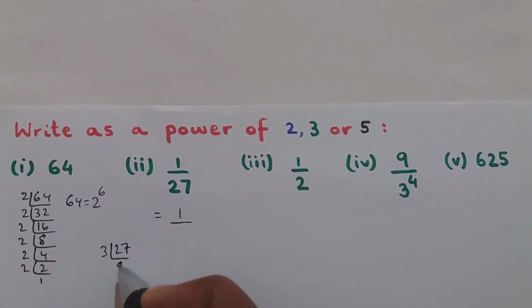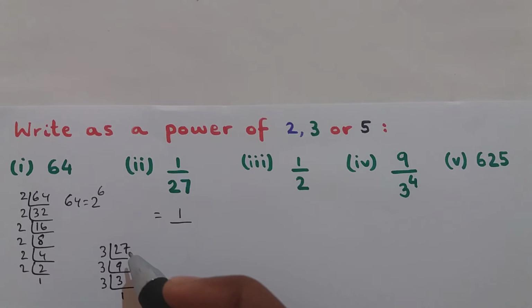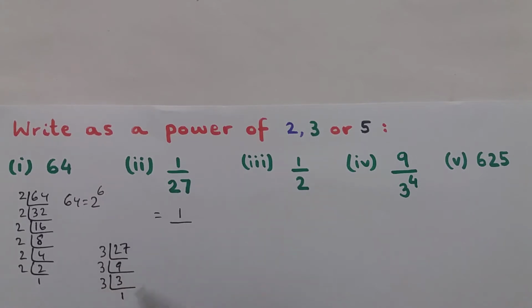So 3 9s are 27, 3 3s are 9, 3 1s are 3. So 27 is 3 into 3 into 3, or I can say 27 is 3 cube.